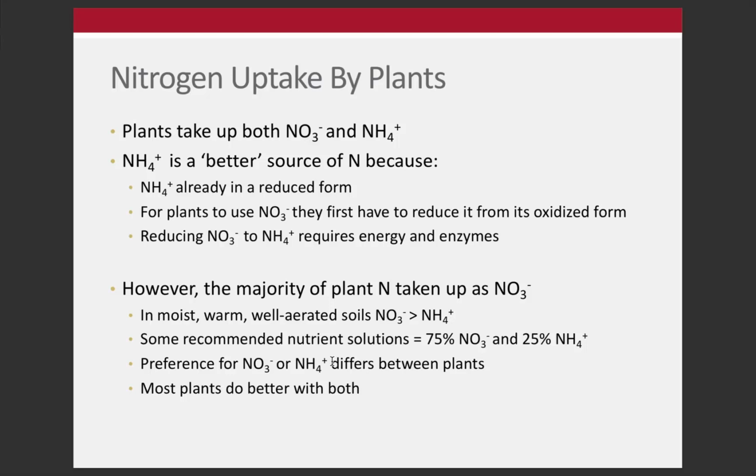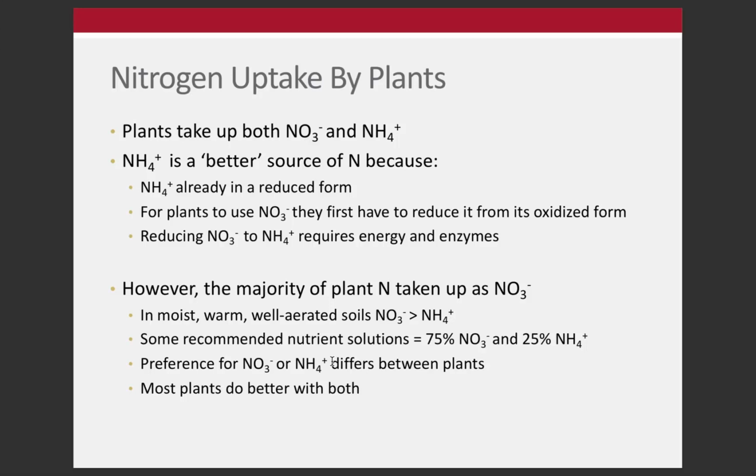The reality is that plants take up both, and they've evolved to take up both. In most warm, well-aerated soils, nitrate occurs in much larger quantities than ammonium. In virtually all agricultural systems that we enter, we sample soil, we measure nitrate, we measure ammonium.